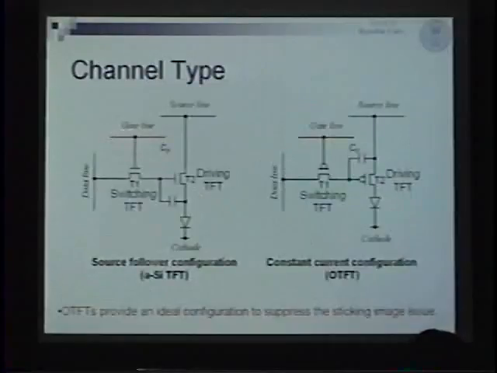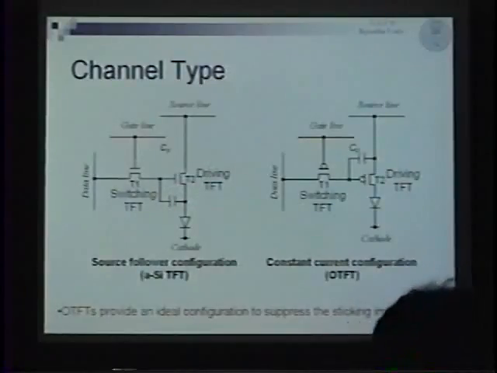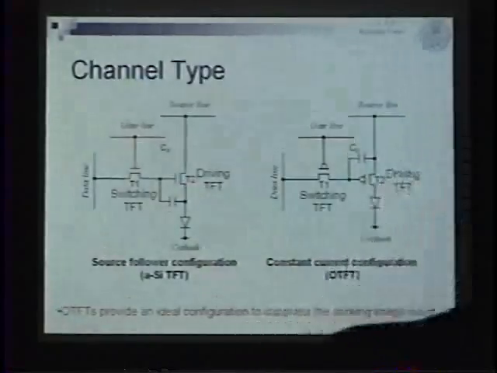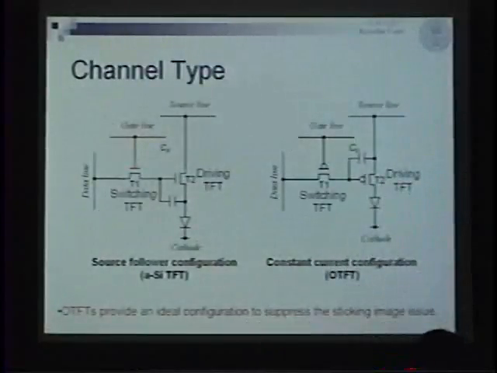Next, channel type. This channel type difference gives a big advantage to the OTFT. The amorphous silicon TFT has only an N-type channel, so the pixel circuit configuration is like this. The OLED must be connected to the source of the driving TFT.